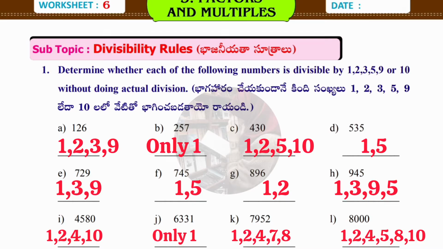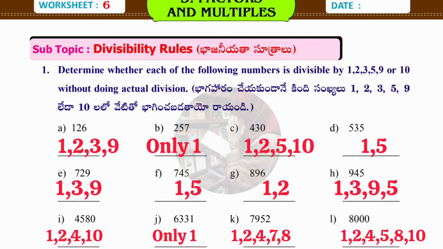Then 5, it is not divisible by 5. What is the divisibility rule of 5? The last digit must be 0 or 5. That's why it is not divisible by 5. Then 9, yes, it is divisible by 9 also: 9 ones are 9 and 9 fours are 36, that's why. And it is not divisible by 10, because the last digit must be 0. So the answer is 1, 2, 3, 9.